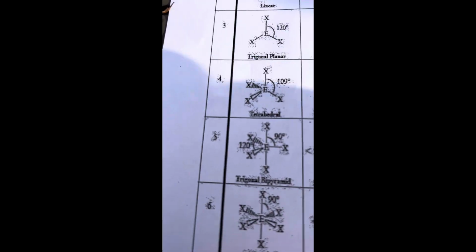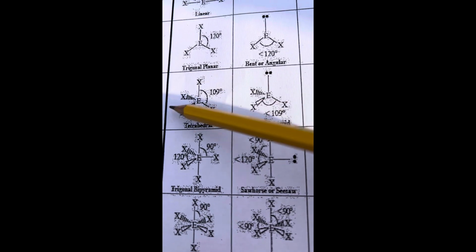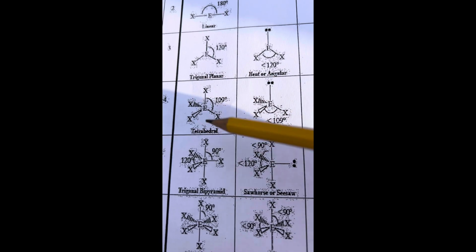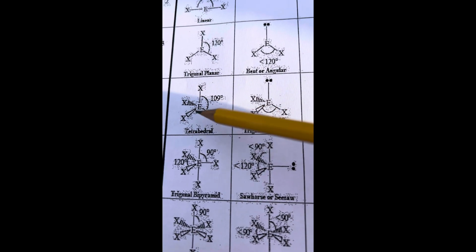For shape, we're going to look at this chart here. There are 4 outside atoms, but there are no lone pairs, so it's going to be tetrahedral.